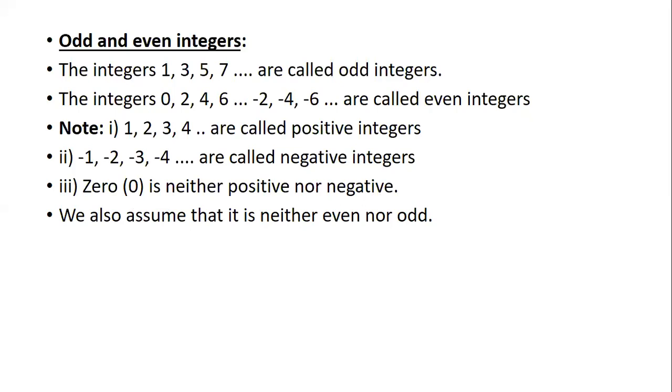So we also assume that it is neither even nor odd. 0 is not an even number, neither is it an odd number. Sometimes it is included in even numbers, sometimes in odd numbers, which is why it is assumed to be neither even nor odd.